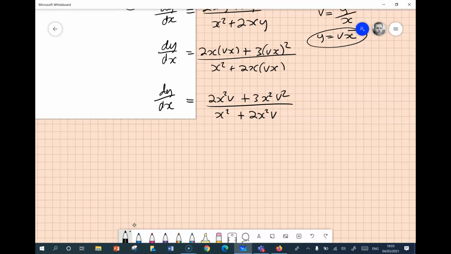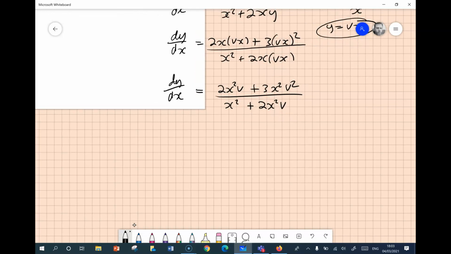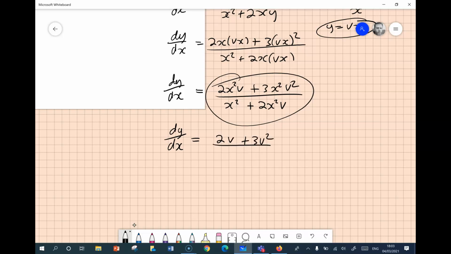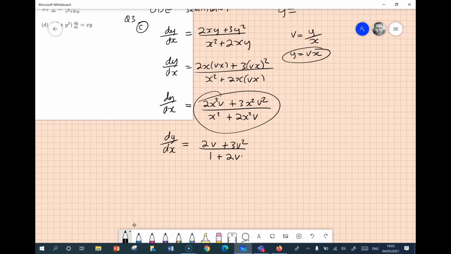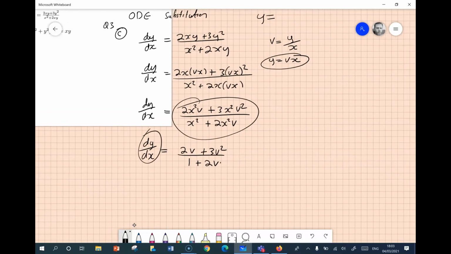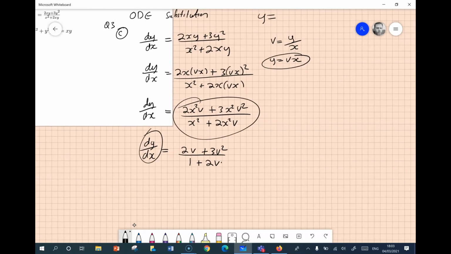Okay, so I want to simplify that down again. As we can see, everything in my fraction could be divided by x squared, and that'll get rid of a load of problems for me. So dividing everything by x squared gives me (2v + 3v²) over (1 + 2v). Now I need to get rid of my dy/dx, because if I'm going to integrate v's, I need a dv/dx.